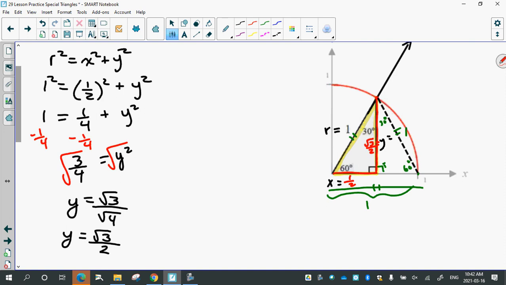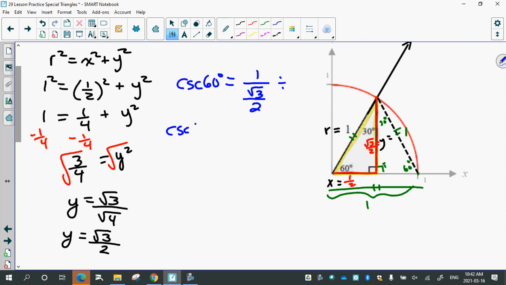So we can pick any relationship. We could do cosecant of 60 degrees. It would be the r value, which is 1, divided by the y value, which is root 3 over 2. Now you never want a 3-layer fraction, that's not considered simplified, so you have to do the divide.